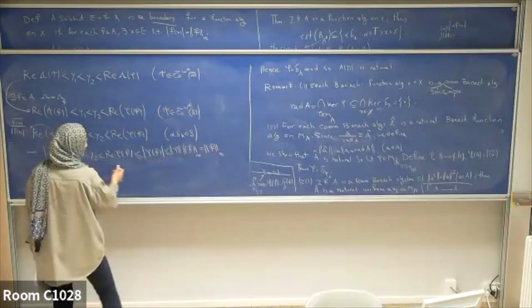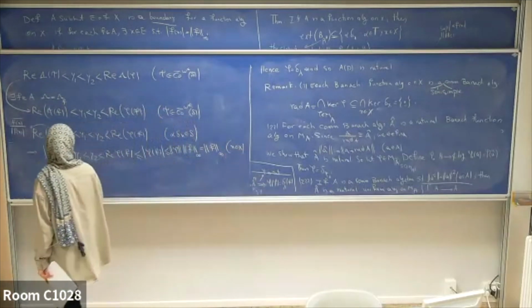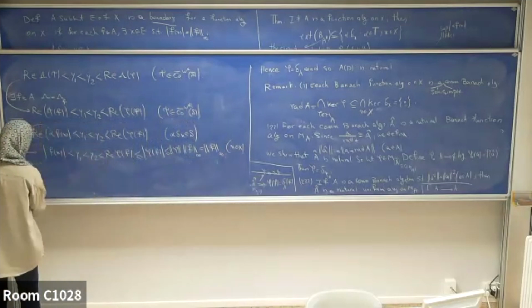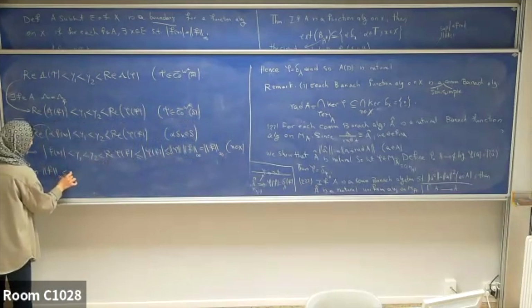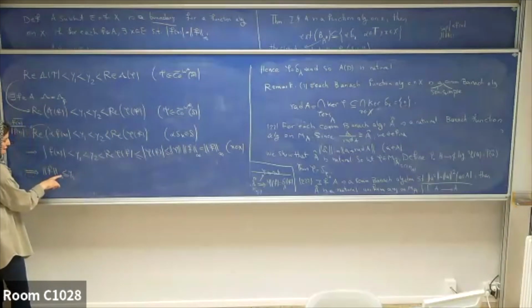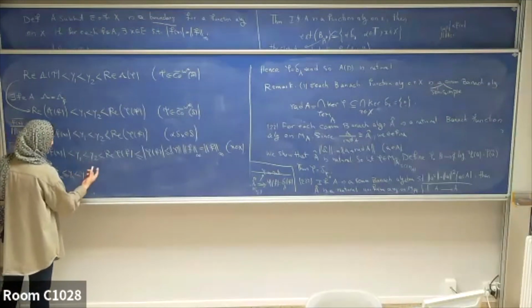But we know that it's valid for each x. So we can say that the supremum norm of f is at most gamma 1 because we take limits. I have to put equality even. But anyway, gamma 1 is always less than gamma 2.